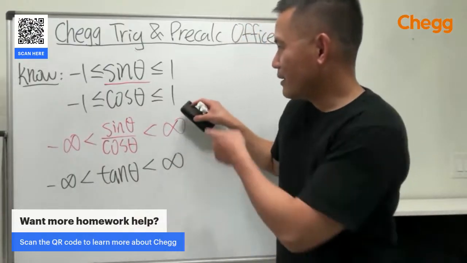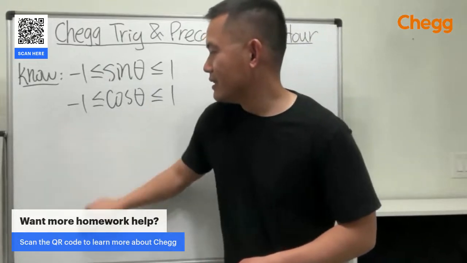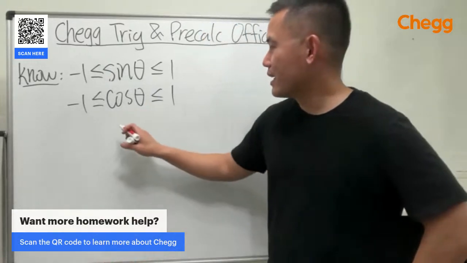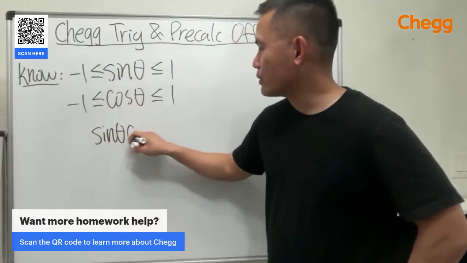All right, but if you know this, that's actually pretty good. But let's do another one. Let's see if you guys can figure this out. How about if I multiply them? Sine theta times cosine theta.